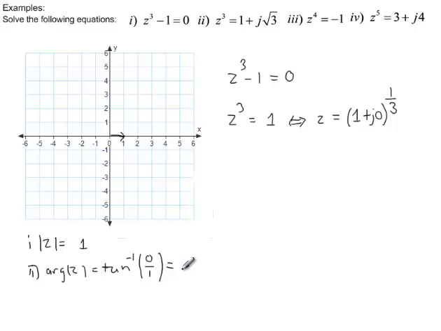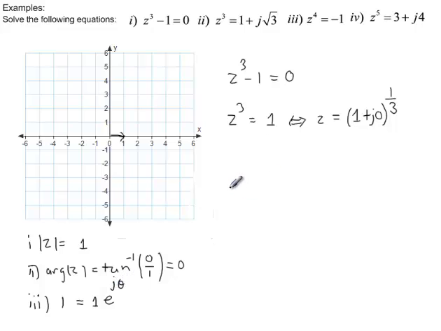So this is 0. Then number 3, let's put this number in exponential form. 1 in exponential form is equal to 1 e to the power j 0. All together.